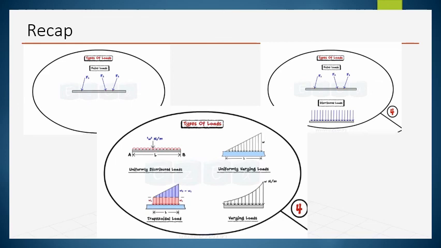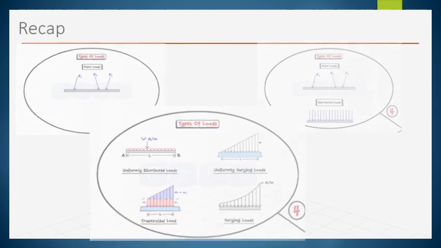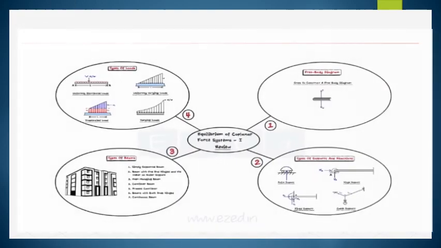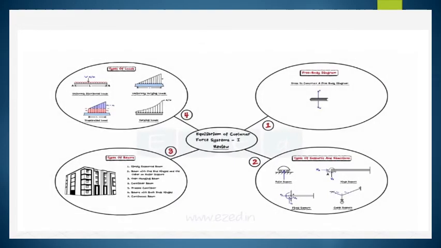Uniformly varying load can be triangular or trapezoidal loading, and there is the varying load. That was the introductory session. In the next session, let's see how to analyze the beam, that is, how to find the unknown reactions of the beam. Okay.